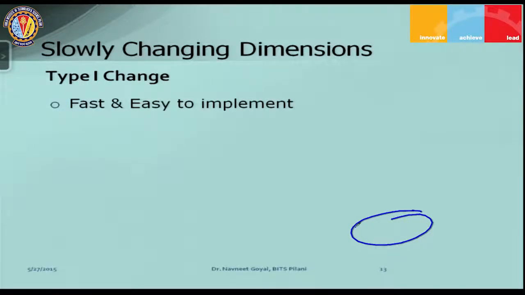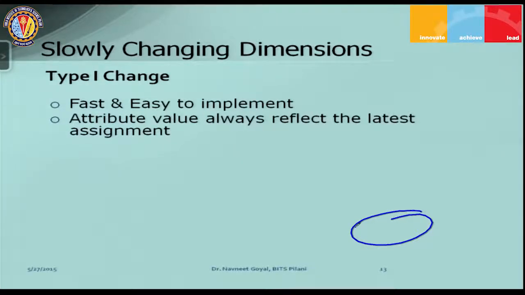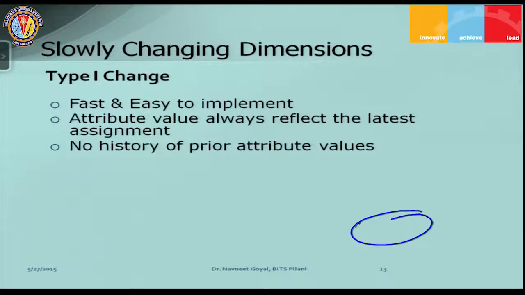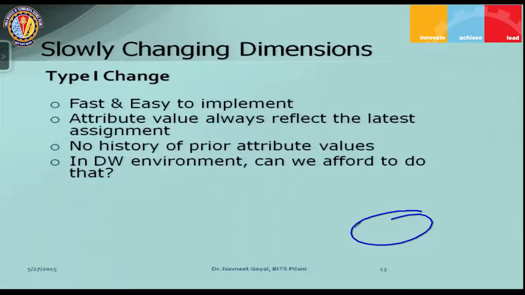Some characteristics of type 1 change: they are fast and easy to implement. You don't have to do anything, just replace. Attribute values always reflect the latest assignment, because if my phone number has changed, I'll just have the latest phone number in the system. No history of prior attribute values is captured, and in a data warehouse environment can we afford to do that?